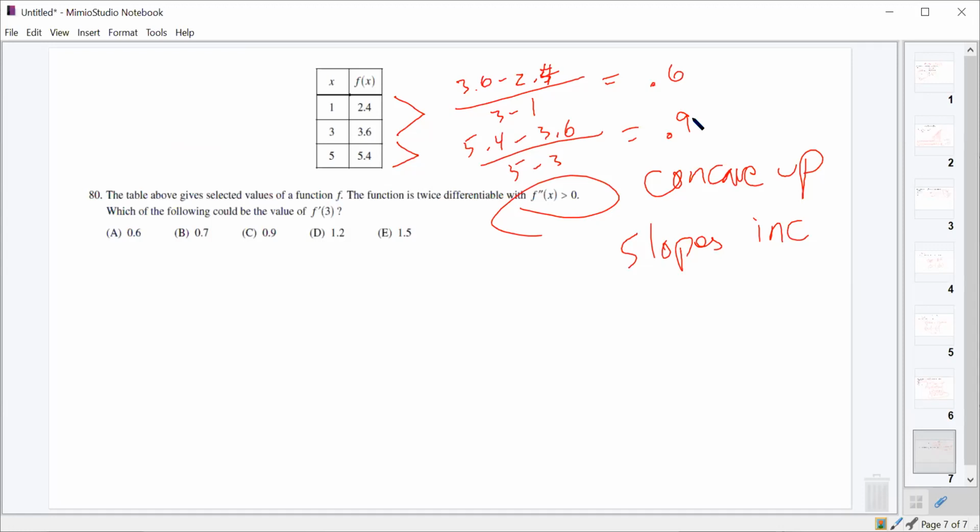And then we will say, since the average rate of change between 1 and 3 was 0.6, somewhere on that interval, the instantaneous rate of change must have been 0.6. And somewhere on the interval between 3 and 5, the instantaneous rate of change must have been 0.9. Therefore, at 3, if these slopes are always increasing, it has to be something between 0.6 and 0.9, which is 0.7.